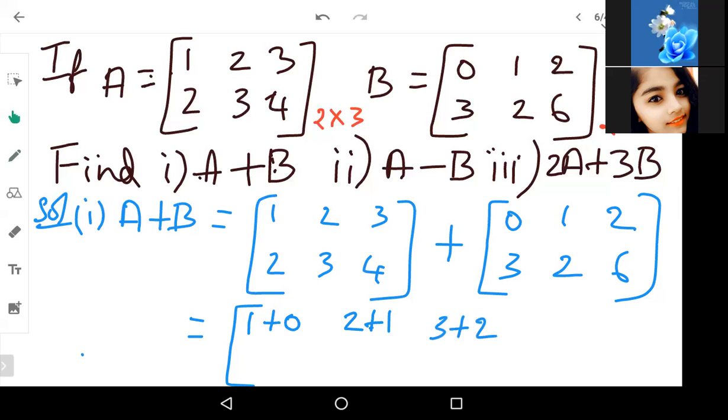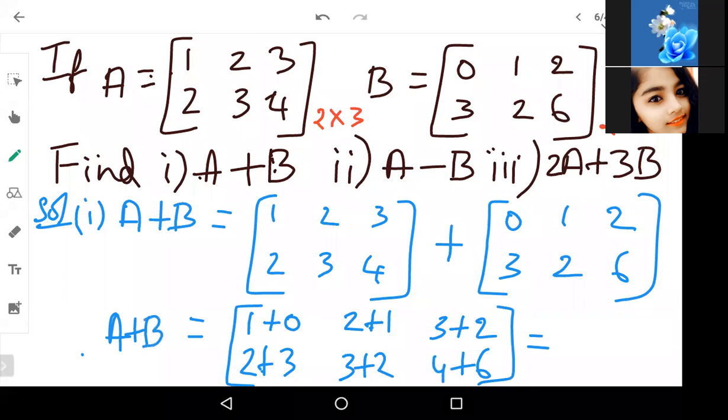Okay. Next, 2 plus 3, 3 plus 2, 4 plus 6. So this is the matrix that I have. Now finally, A plus B is equal to 1 plus 0 is 1, 2 plus 1 is 3, 3 plus 2 is 5.